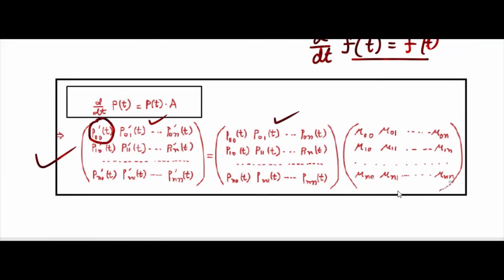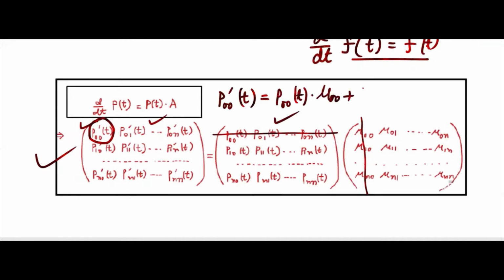So in matrix, two matrices are equal if the entries are equal. There is only one entry here, you have to multiply. So row column multiplication. So what will happen is P0,0 dash t is equal to the first one, P0,0 t, then mu 0,0 plus P0,1 t, then the second one is mu 1,0.